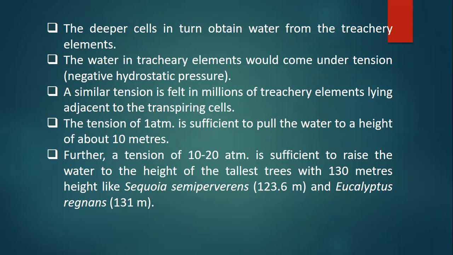Further, a tension of 10 to 20 atmospheres is sufficient to raise the water to the height of the tallest trees with 130 meters height, like Sequoia sempervirens, which is the tallest gymnosperm, and Eucalyptus regnans, the tallest angiosperm.